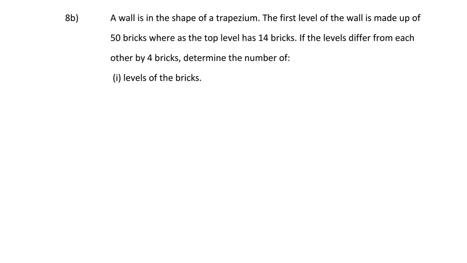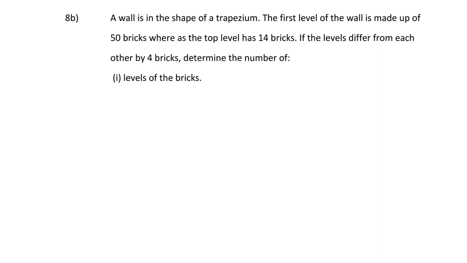Okay, so this is the word problem for arithmetic progression. We have to recall that in arithmetic progression, any two consecutive terms give the same difference. Okay, so we've been given the first level of the wall is made up of 50 bricks and the top level has 14 bricks.